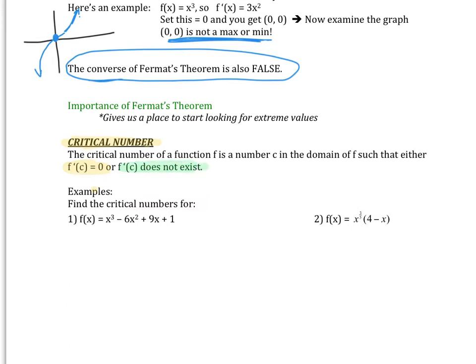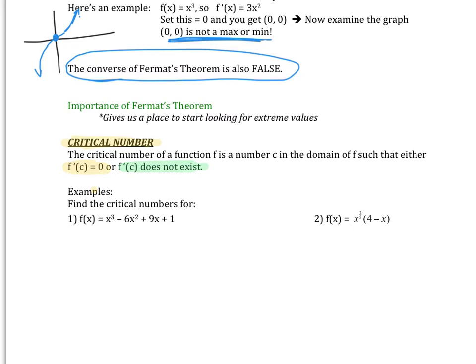Okay, so not only are we setting it equal to 0, we're setting it equal to get any spot where it does not exist. We want something called the critical point or the critical number where the derivative is 0 or the derivative does not exist, and that's where we start looking for maximums or minimums.